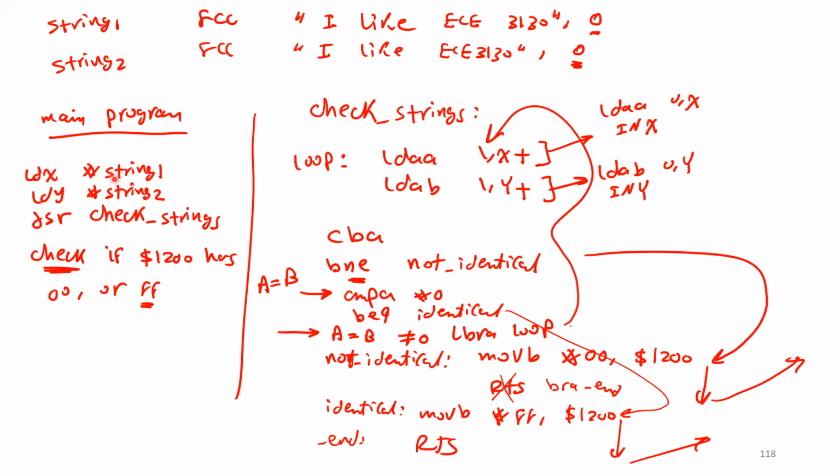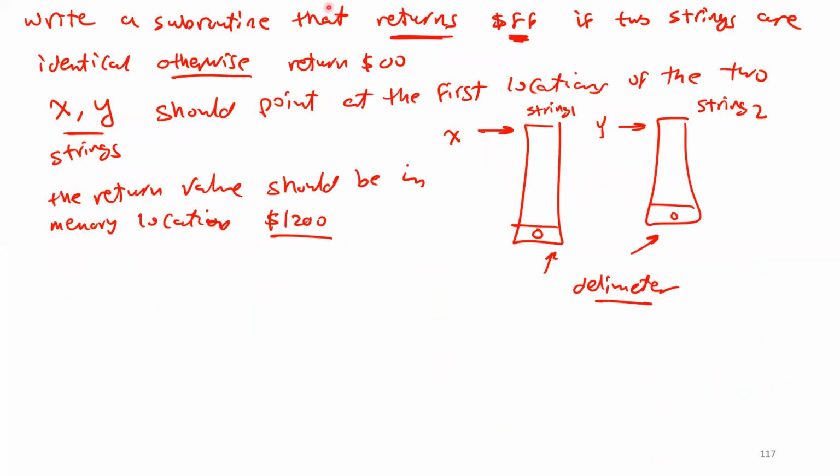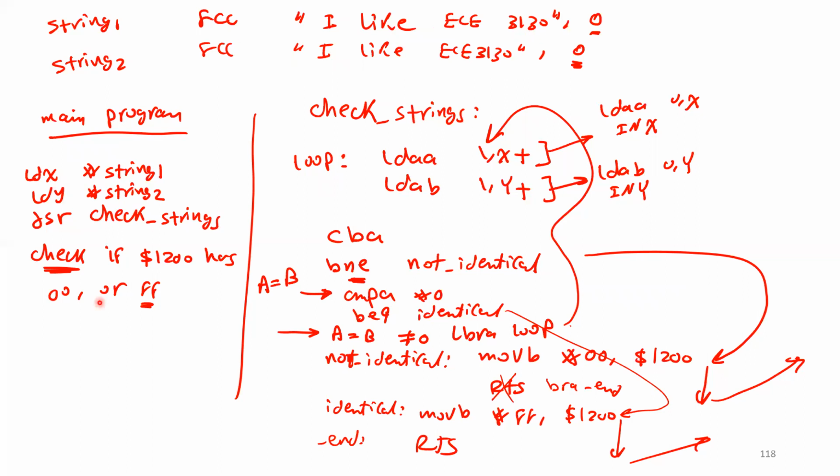Here I put the beginning address in X and the beginning address in Y, because this is the data I have to pass to the subroutine. Then I call the subroutine. It starts from X and from Y and checks until it finds 0, and then it gives you the result, either 0 or FF, in memory location 1200.